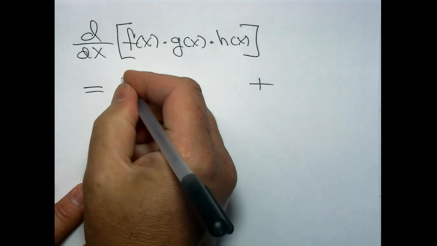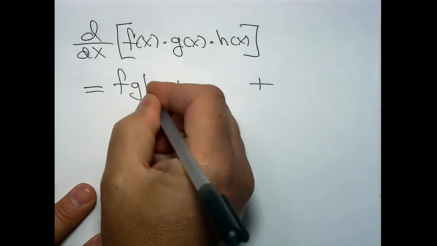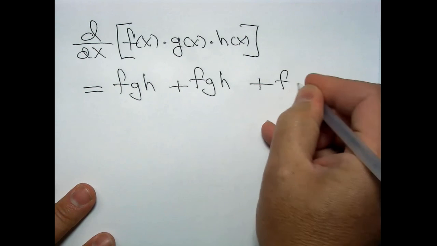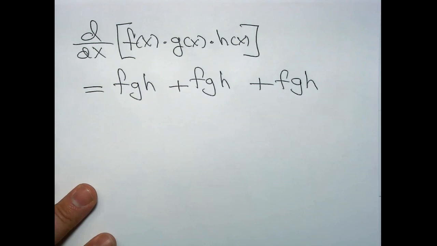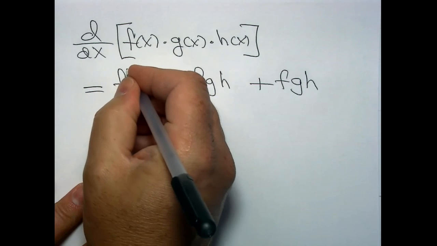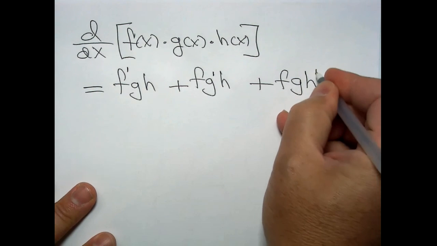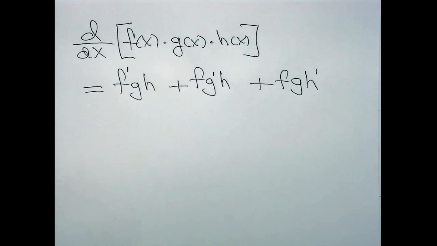Three functions, three factors. And rotate the derivative through. So this one will have the f prime, the next one in the middle will have g prime, and the last one will have h prime. So using the product rule you can effectively take the derivative of much larger products if you need to.